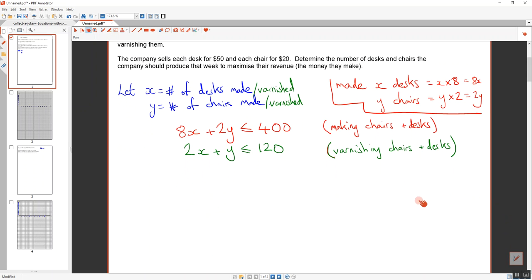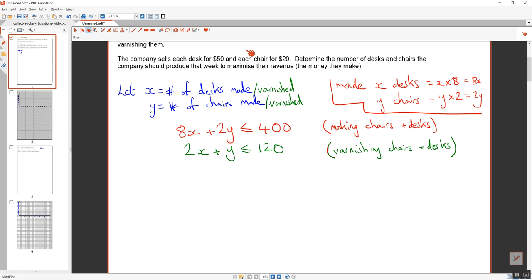All right. So what we need to work out is the maximum money that we can make if we're going to sell them each for this amount, okay? What do you think we're going to have to do next, taking into consideration what we've been doing the last couple of days, Eliza?